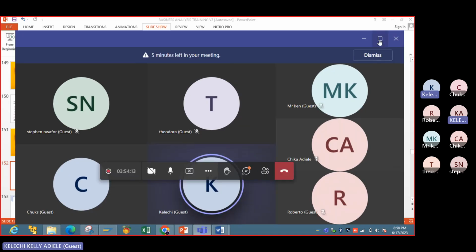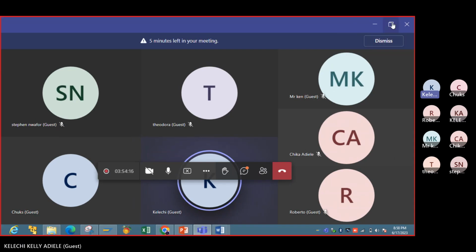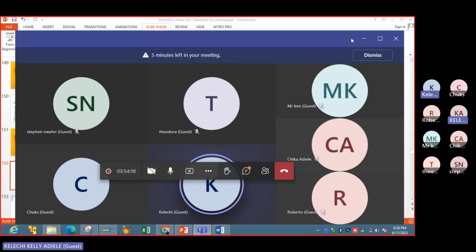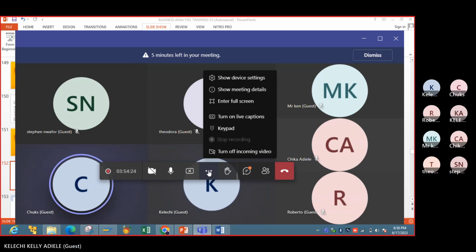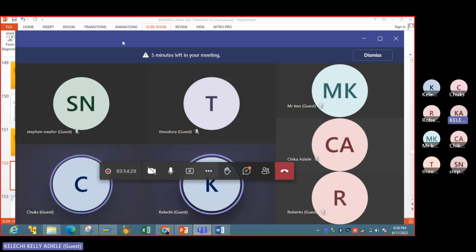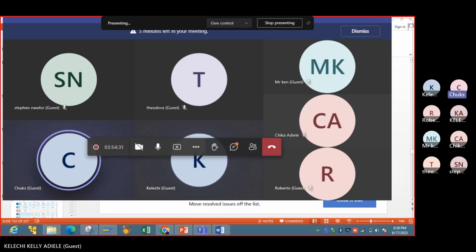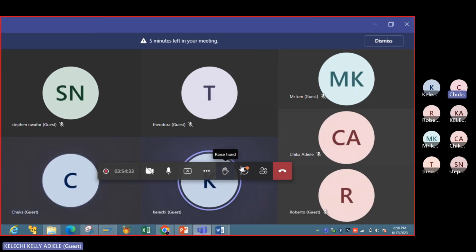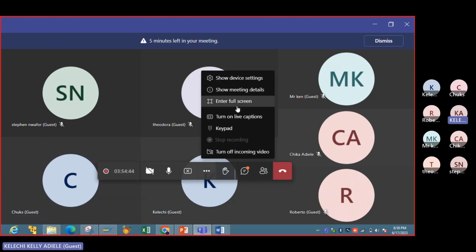Try to drag it down. Not the screen, that taskbar, the one down where you have take control of the presentation. If that one can be up instead of being down, that would be great, because it covers some of the things on the screen. Okay, let me see if I can. The next class I'm going to see how to remove this.